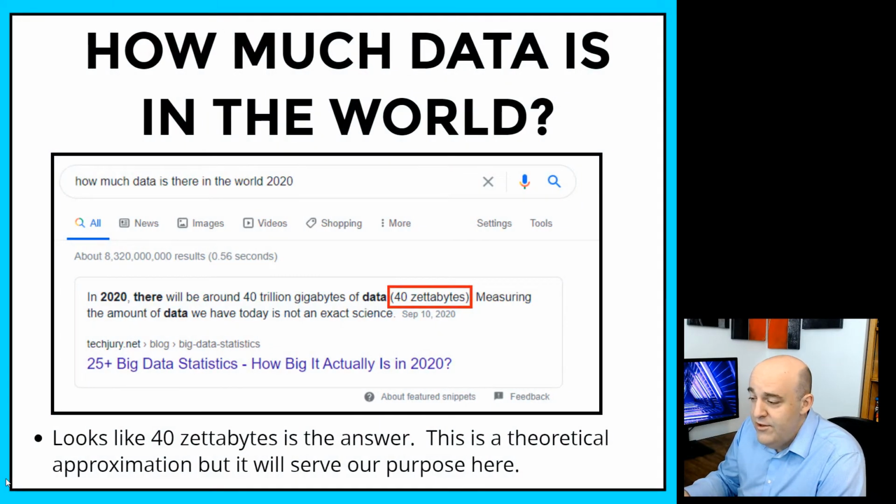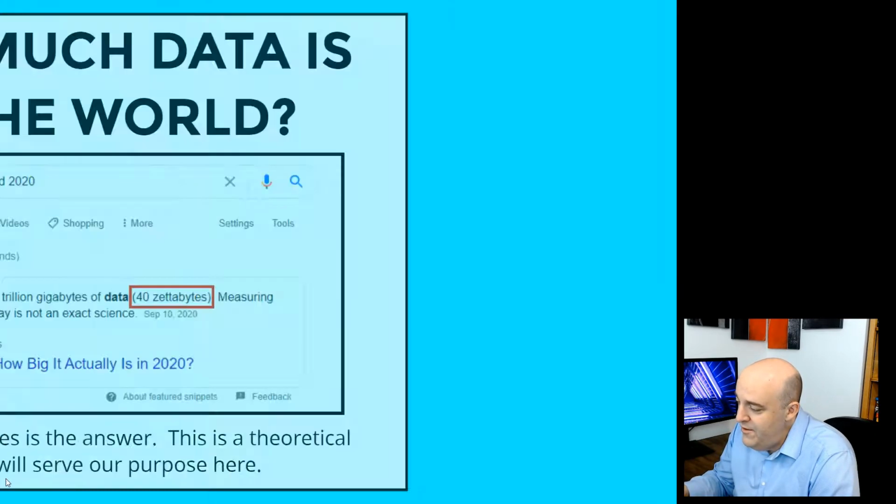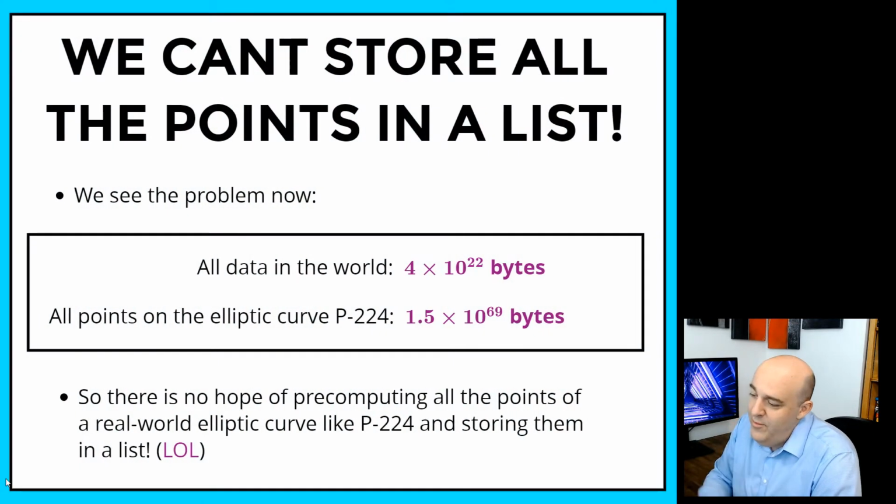If we search for how much data there is in the world in 2020, we get an answer of 40 zettabytes. That's a theoretical approximation, but it'll serve our purposes here. If we convert 40 zettabytes to bytes, we see it's 4 times 10 to the 22 bytes of data in the world. So right away we see the problem now.